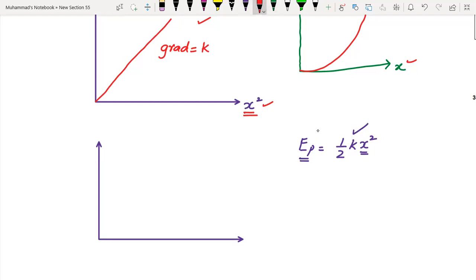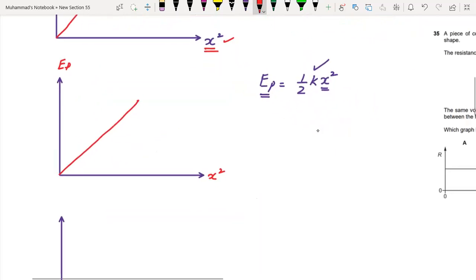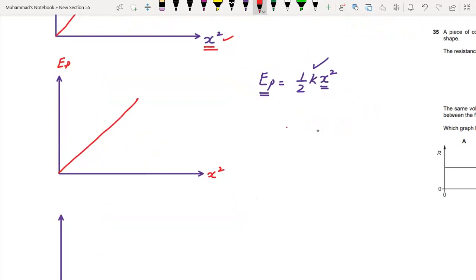And if you have to identify the graph between EP versus x square, then it will be a straight line. But mostly you have to identify the graphs in your exam, and in paper 2, you may have to draw the graph as well.